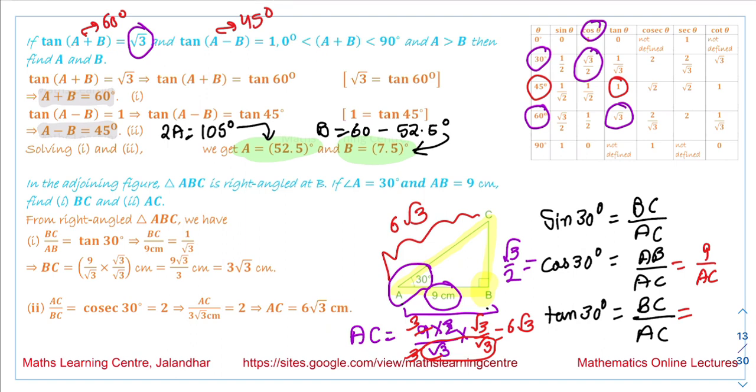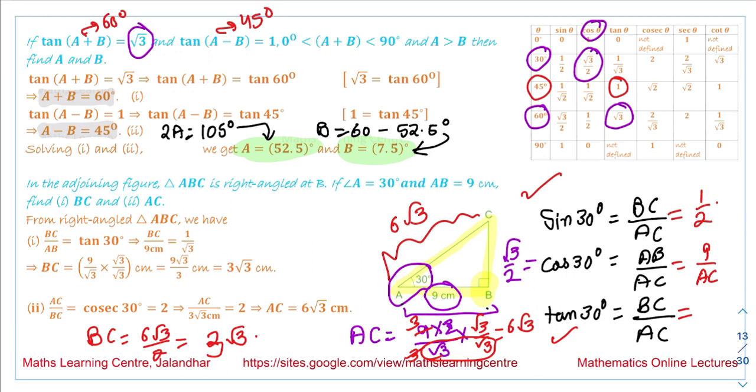Now you can substitute this value in any one of the first or the last equation. So when we are talking about sine 30 degree, the value of sine 30 degree is 1 by 2. The value of AC we have is 6 root 3. So the value of BC we get is 6 root 3 by 2, that is equal to 3 root 3.